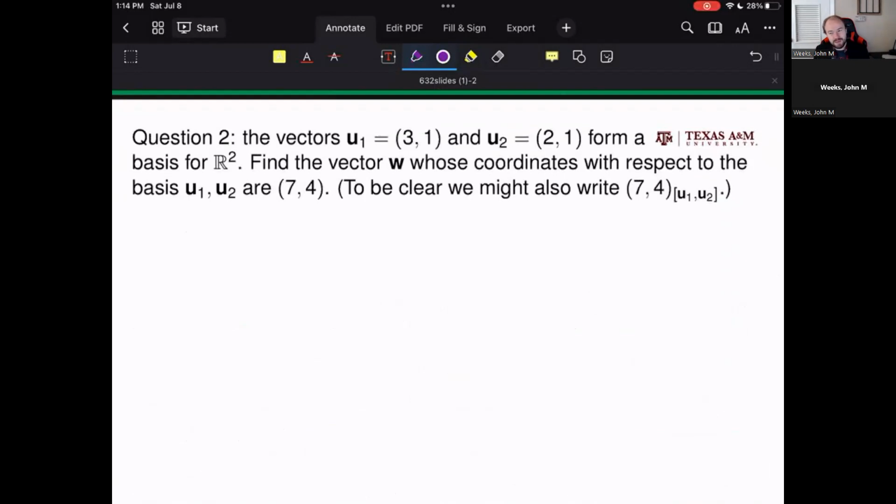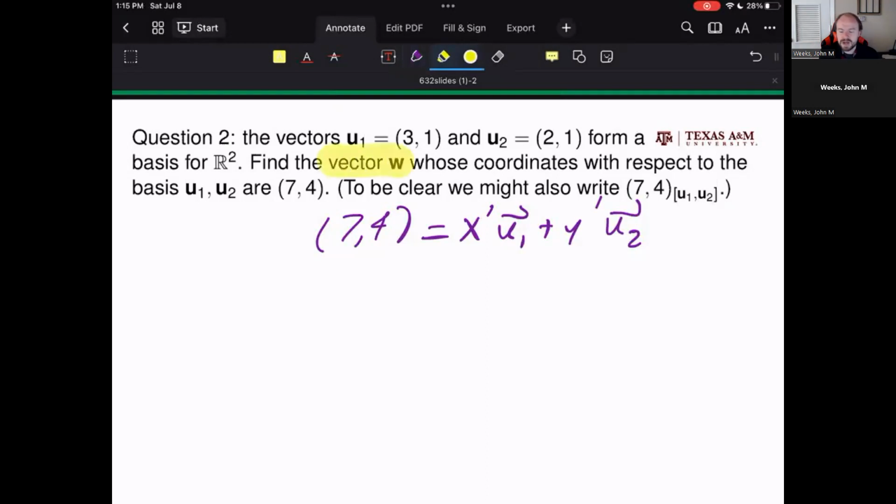Something's going to flip here from what we did in question 1. You remember in question 1, we said we wanted to write the vector 7, 4 in terms of some sort of combination of u1 and u2, where u1 and u2 form another basis for our space R2. Now let's flip that. Let's read question 2. The vectors u1 and u2, the same as before, form a basis for R2.